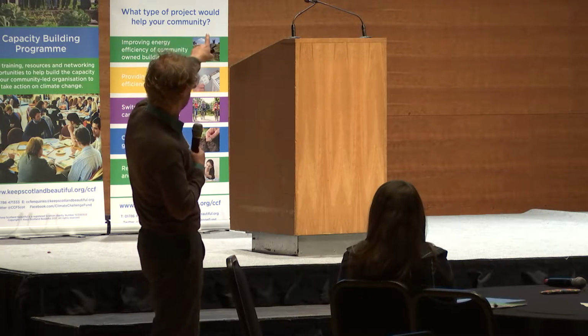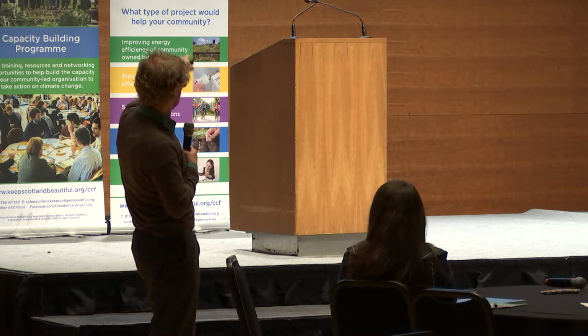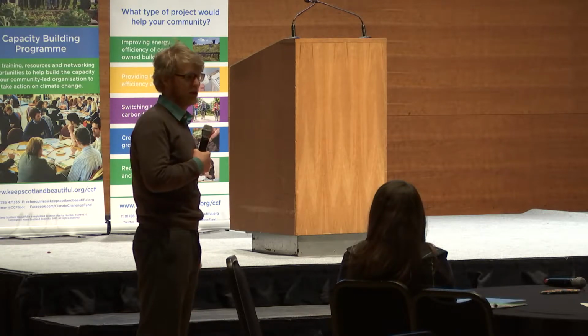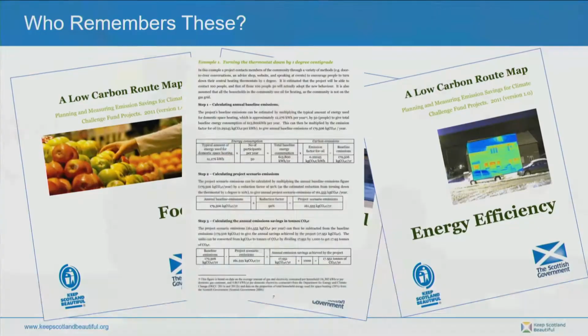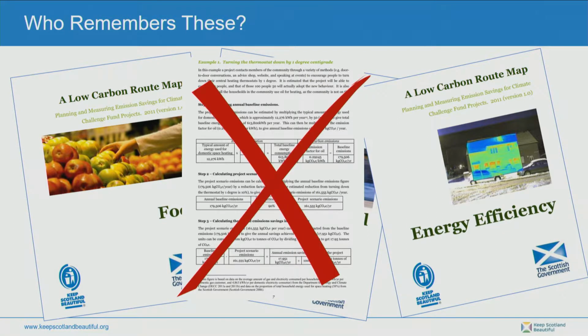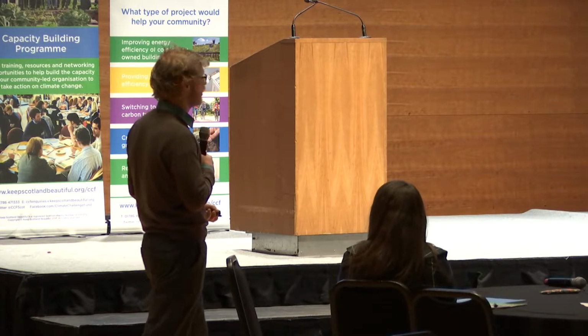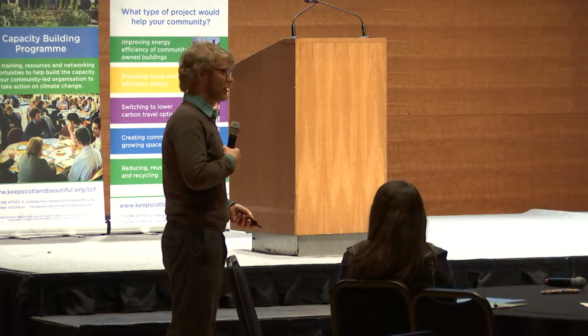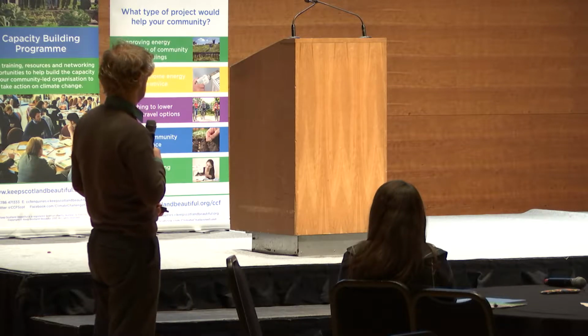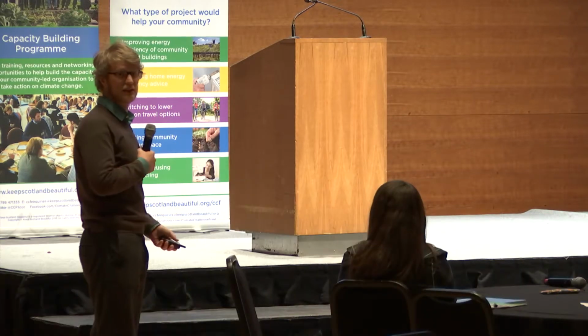And you can see from the image in the middle there, quite a lot of it was taken up by carbon calculations, which thankfully, through the new tools that have been produced, we don't need to do anymore. So there were lots of reasons why these were not fit for purpose anymore, apart from the fact that a lot of this stuff has moved on since 2011. So a lot of the information that was in them was out of date.